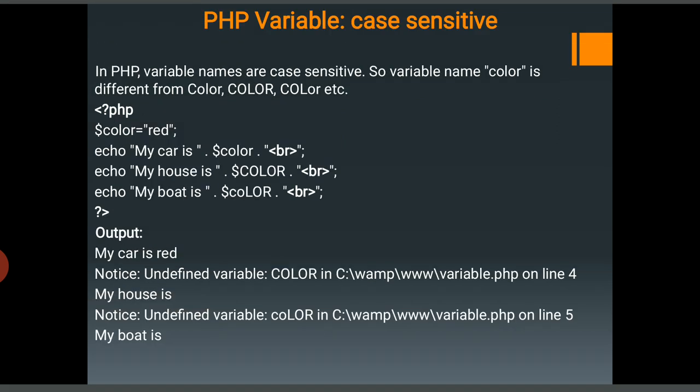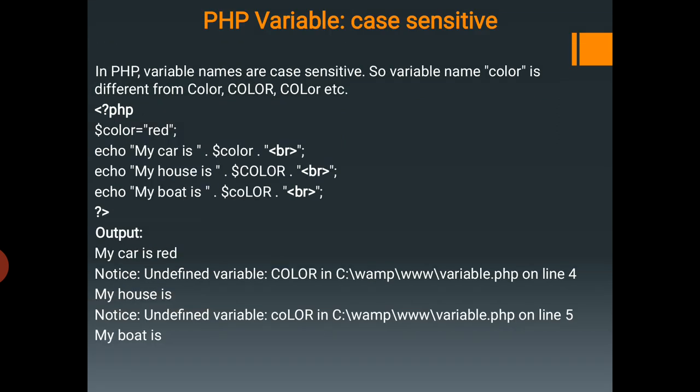PHP variables are case sensitive. Variable names are case sensitive, so the variable name $color is different from $Color, etc. Let's write the script. Example: open the angular bracket question mark PHP, declare the variable $color = "red" and echo "My car is " $color. The br tag is used to display the output on a new line in the web browser.